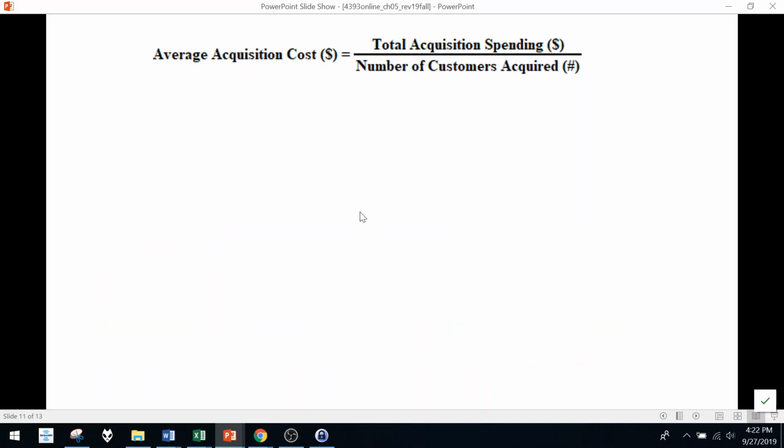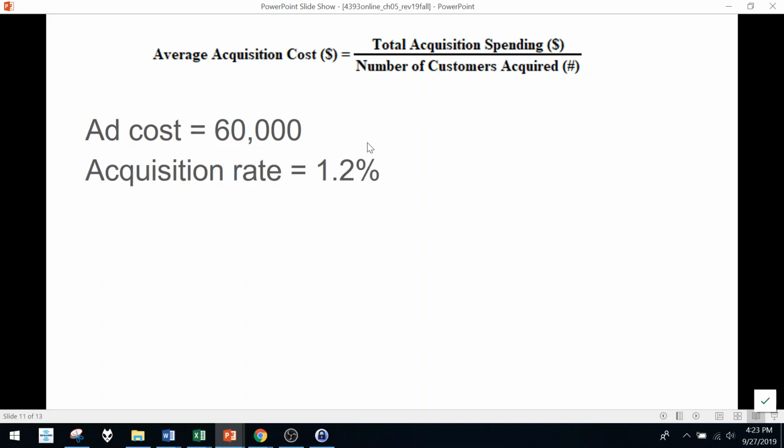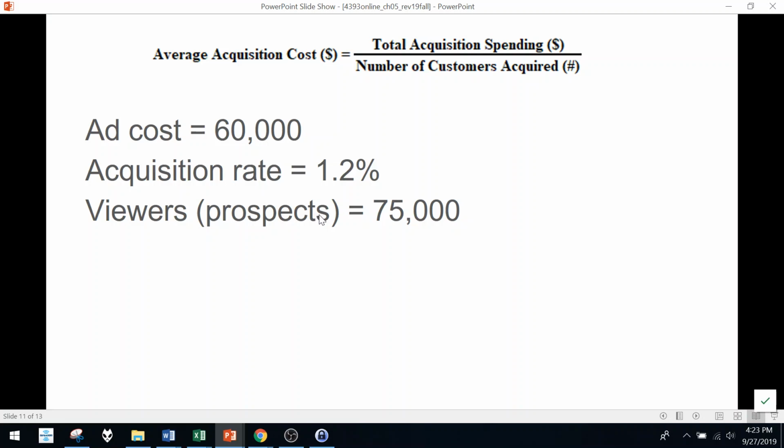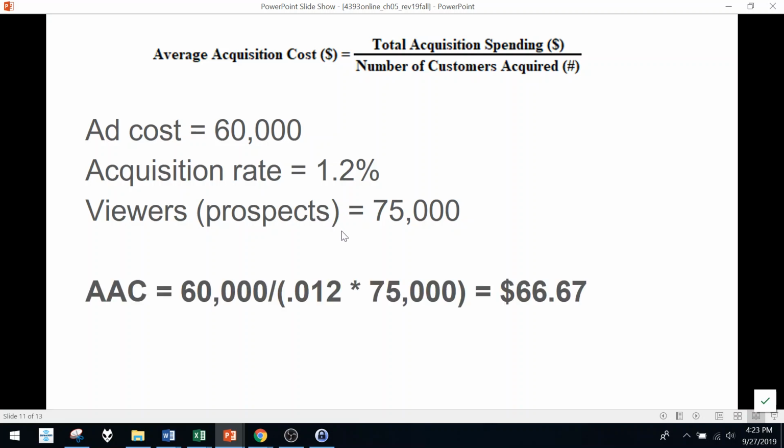All right, average acquisition cost. How much does it cost for us to acquire a new customer? In this situation, acquisition spending is total acquisition spending. It's not per customer. That's actually what we're trying to figure. Ad cost is $60,000. That's our acquisition spending. Our rate was 1.2%. Number of prospects was 75,000.